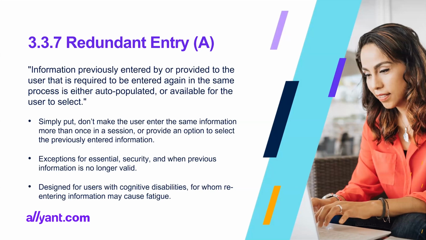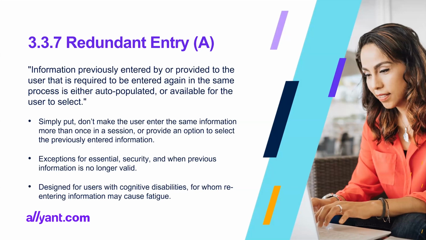There are some exemptions for this one as well. Essential, again, there's that essential one that we talked about. Security, so if the information needs to be entered in again for security verification purposes, then obviously that would be considered exempt from this.